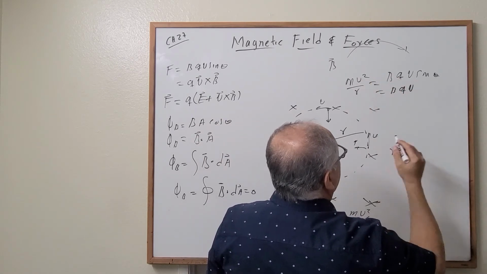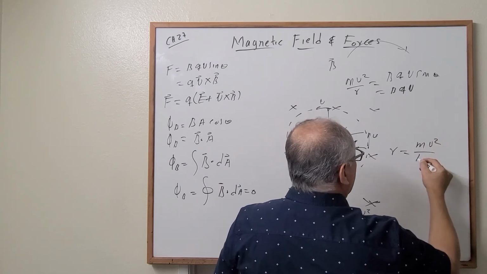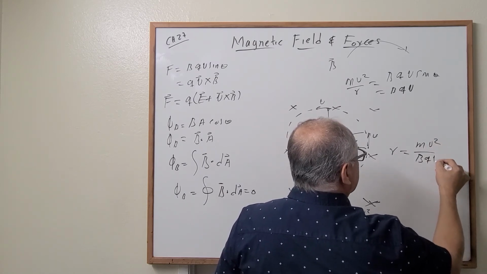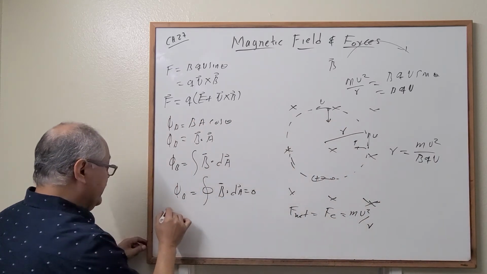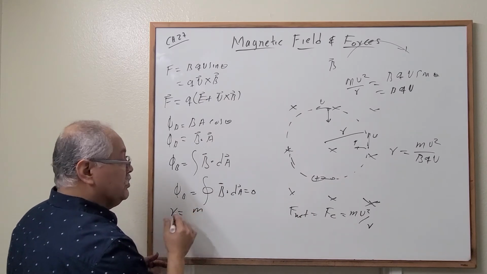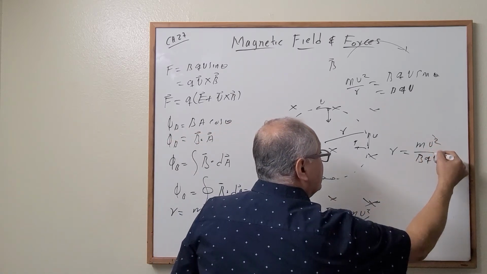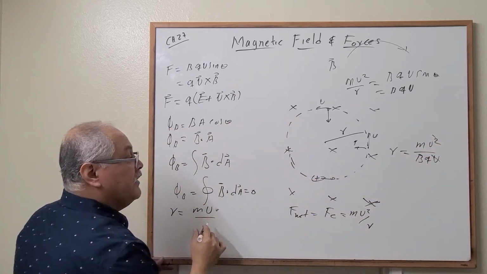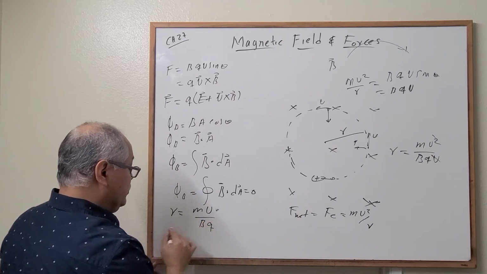Let's cross multiply: it's going to be m v squared over B q v. And what do we have at the end? Well, this radius of curvature equals the mass of the charged particle times v, because this v cancels with this v, divided by the magnetic field intensity times the charge.